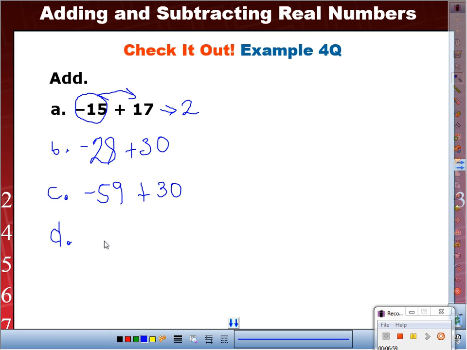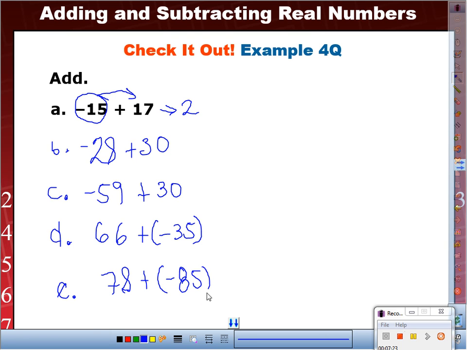D. 66 plus negative 35. E. 78 plus negative 85.